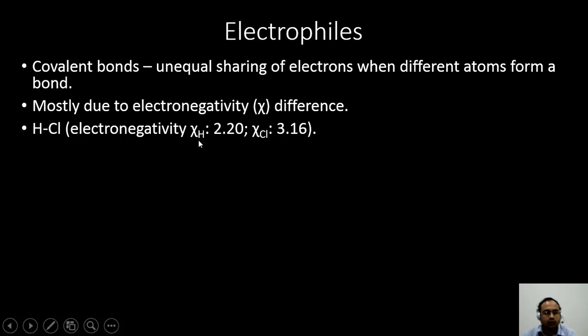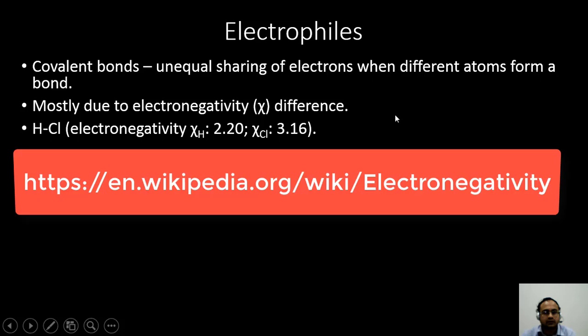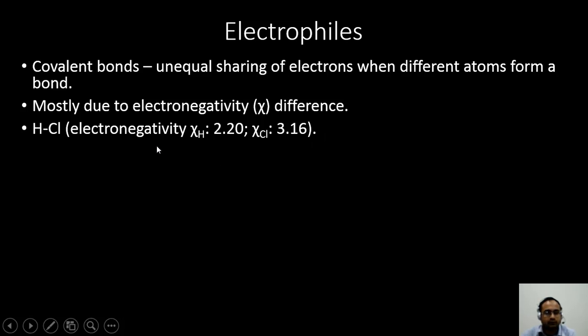chlorine on the Pauling scale of electronegativity, about which you can learn in greater detail by going to the electronegativity page on Wikipedia. But coming back to the HCl molecule, hydrogen has an electronegativity of 2.2 and chlorine has an electronegativity of 3.16.